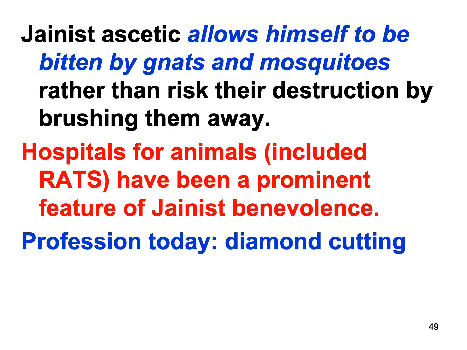They are not allowed to do agriculture because it hurts the earth. They are not allowed to do animal husbandry. So it's difficult, but they are active in diamond cutting.